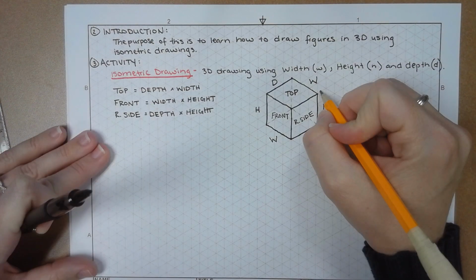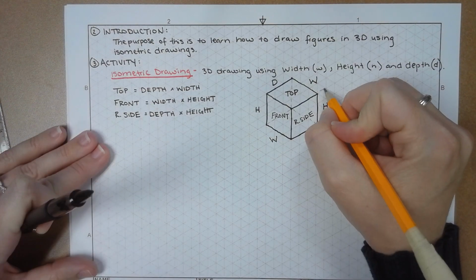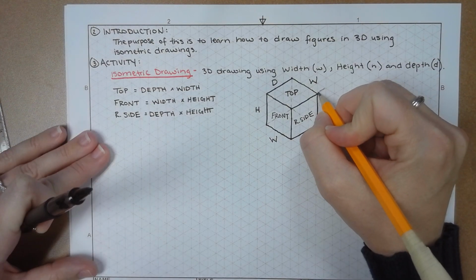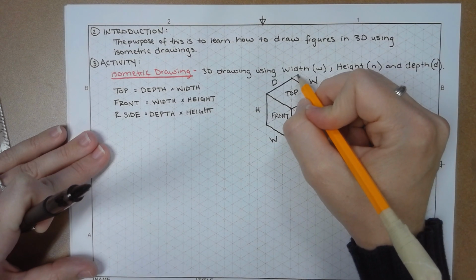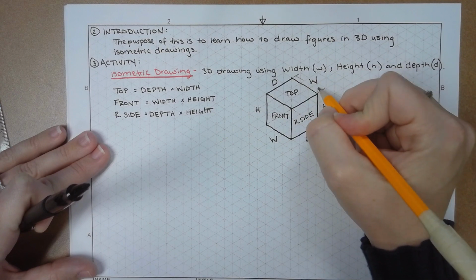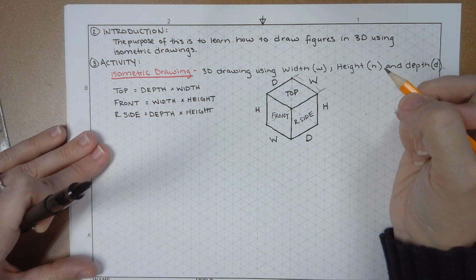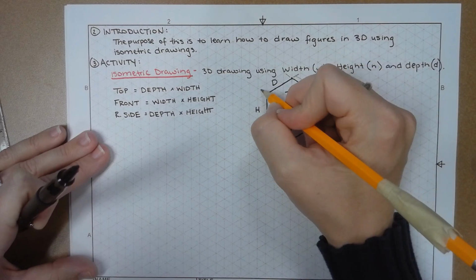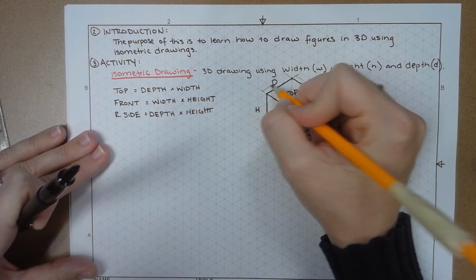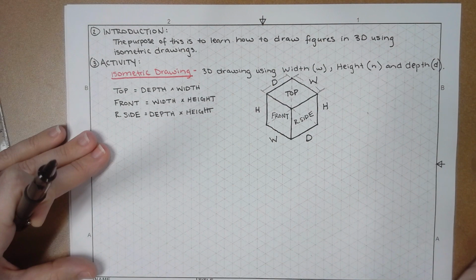Okay, so in pencil, again, I'm just going to show you. From here to here is going to be your width. And if you need to do this in your notes, please do so. I'm just giving you a visual. You don't have to write this down. From there to there is going to be your depth.